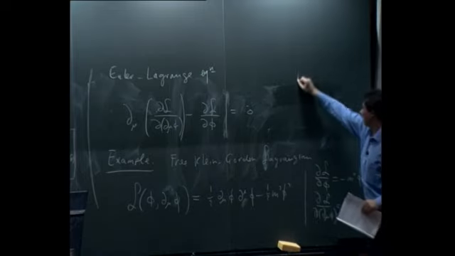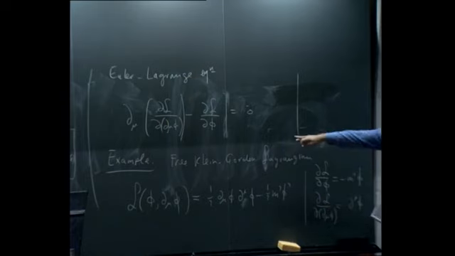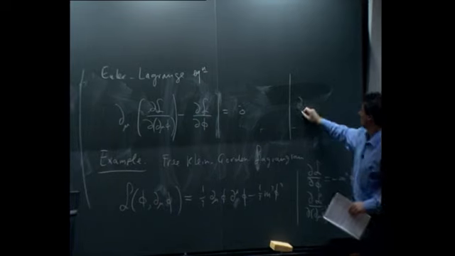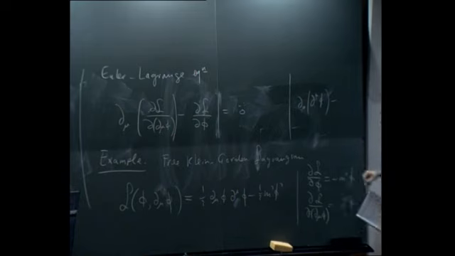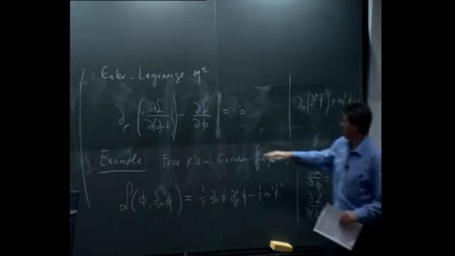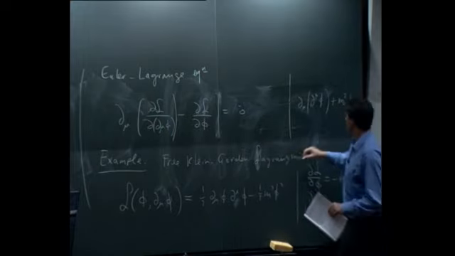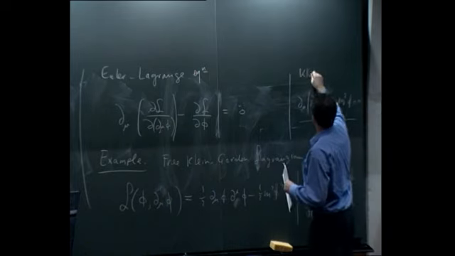So in here you find that the Euler-Lagrange equation for this situation gives you d mu of d mu phi minus, and then I have minus m squared phi, which gives you then a plus m squared phi if I take this expression and put it in here. And this indeed is nothing but the Klein-Gordon equation.